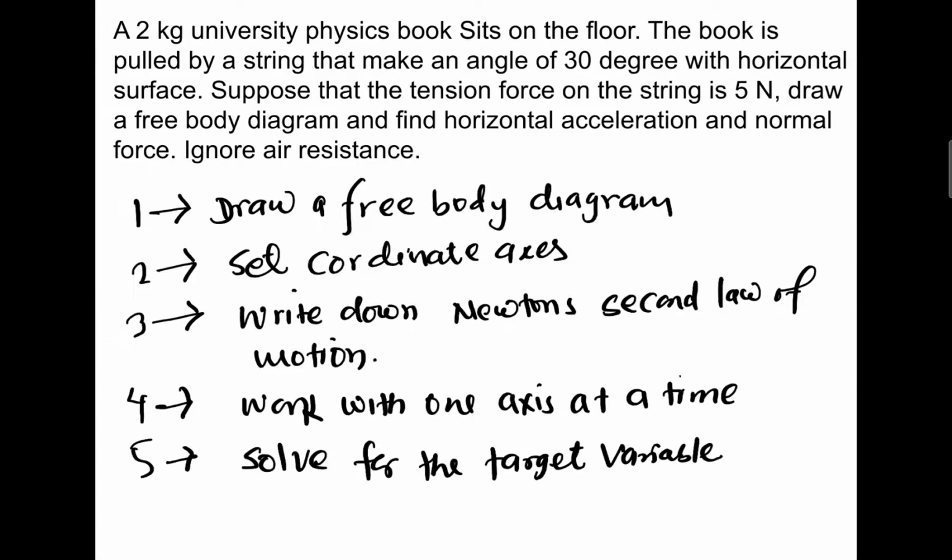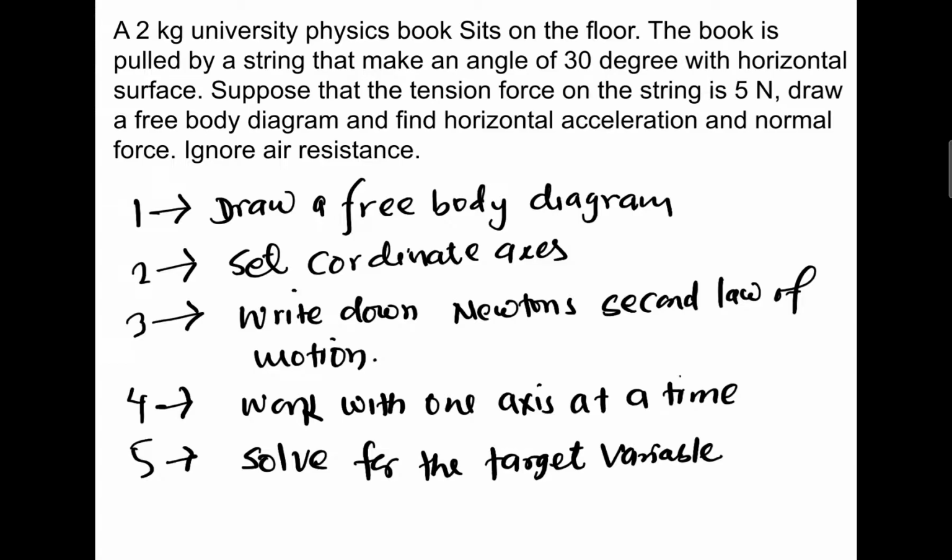Okay, so third one is write down Newton's second law of motion. You can write down the equation for x-axis and equation for y-axis. Then while solving the problem, when getting the target variable, you have to work with a single axis.